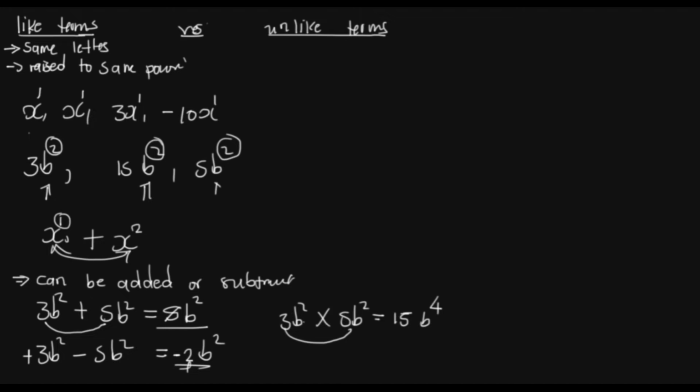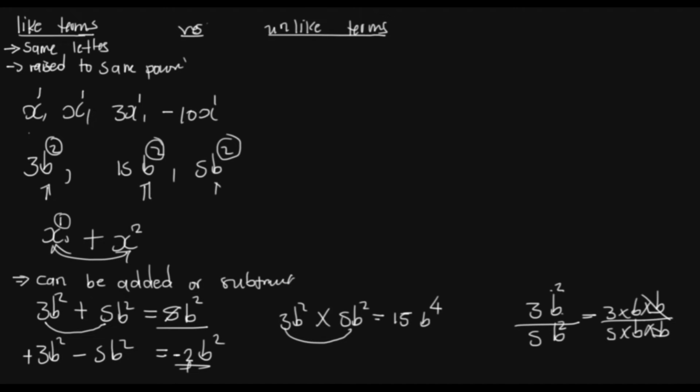Then also like terms can be divided. So if we have 3b squared over 5b squared, we can just cancel the b. Let's expand, so we have 3 times b times another b over 5 times b times b.